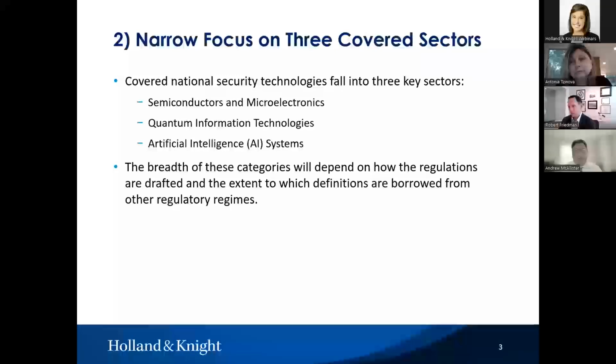And again, that's an export control term of art and would correspond to things like quantum information technologies and artificial intelligence systems.